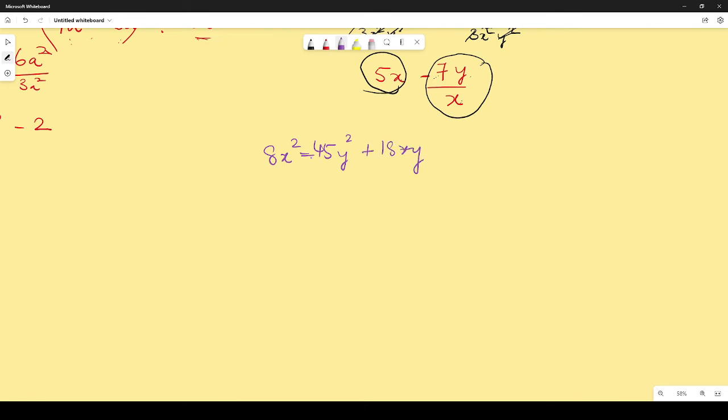I hope you are able to understand. This is not an equal to sign, please. This is a minus sign, and you have to divide this by 2x minus 3y.